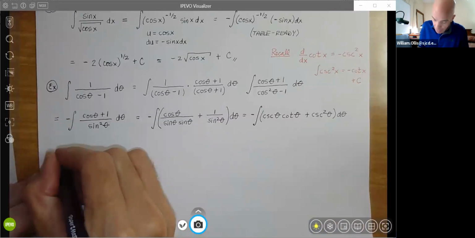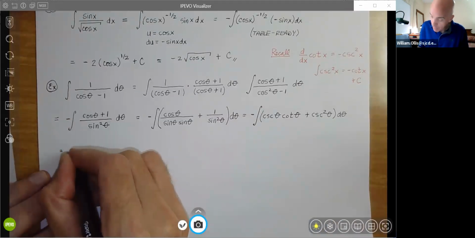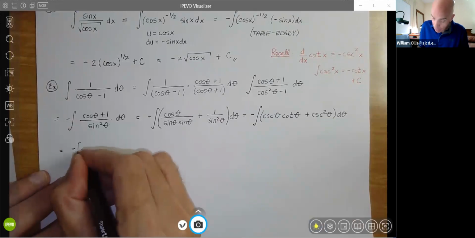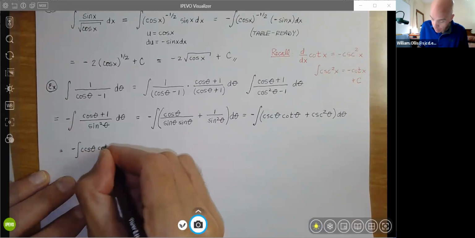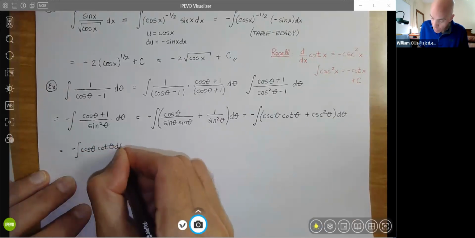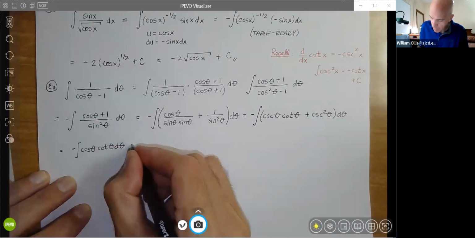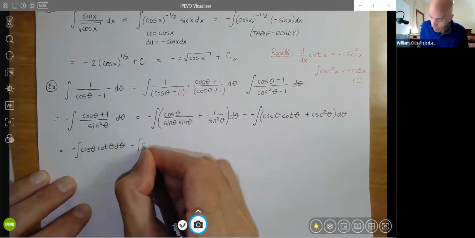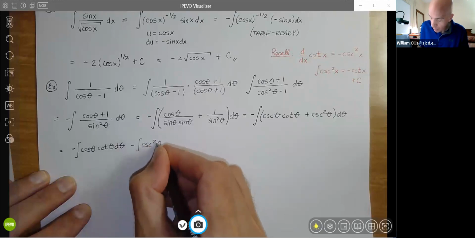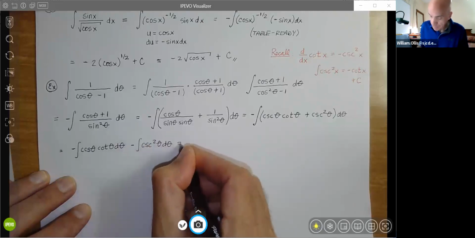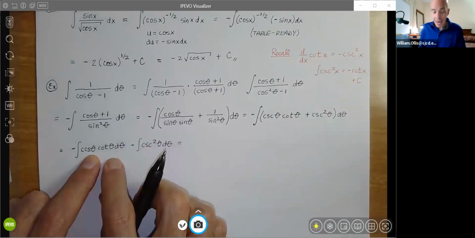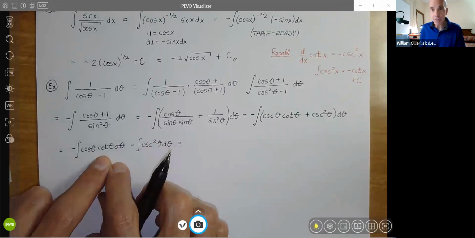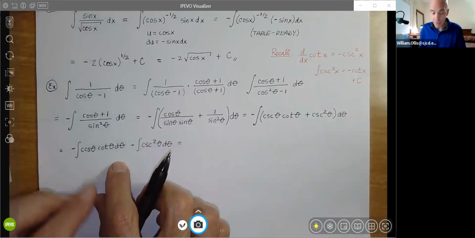So now let's go ahead and break this up. We have the negative of cosecant theta cotangent, just so you can see the integral separately. You don't have to do all these extra steps, but it's good to write them out just to check your work. So now, if you remember, the antiderivative of the cosecant cotangent is the negative cosecant. So we're going to get the negative of the negative.